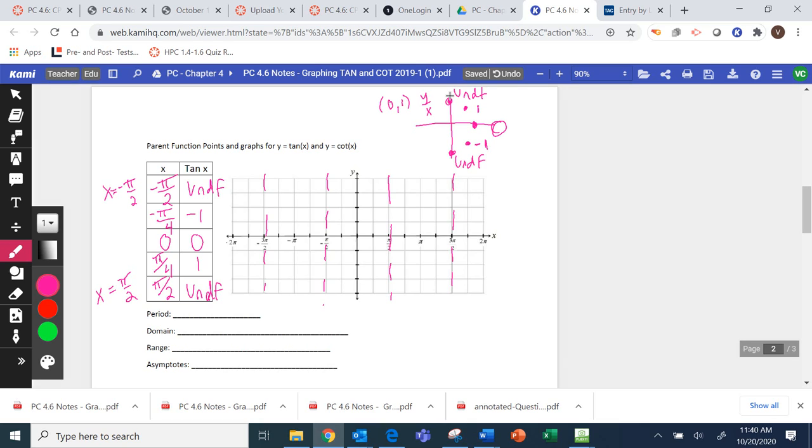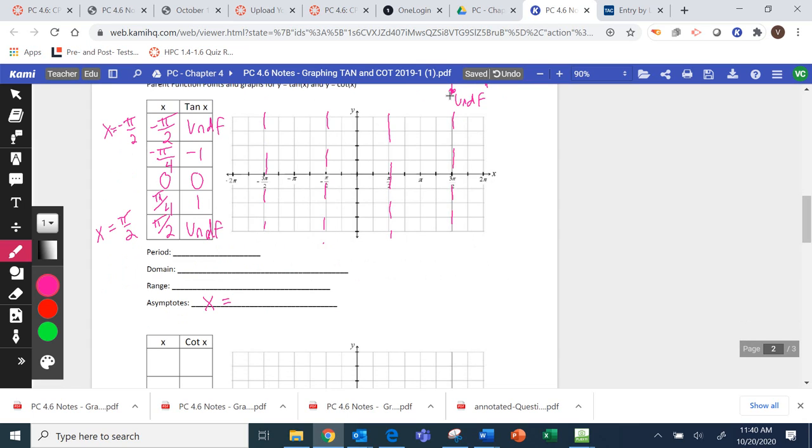Let's write the formula for the asymptotes. X equals, what's my first positive asymptote? Look in your table, look on the picture. What's the first positive asymptote, Caitlin? Pi over 2. So I'm going to say x equals pi over 2. Now we have to add on how much each time before we get to another asymptote.